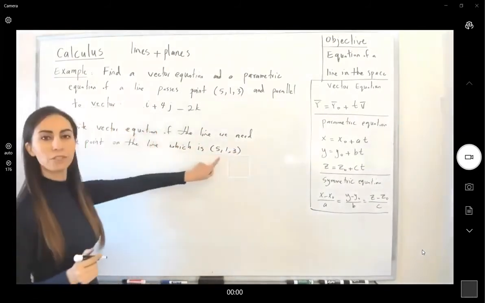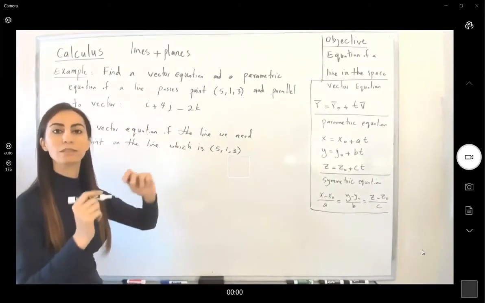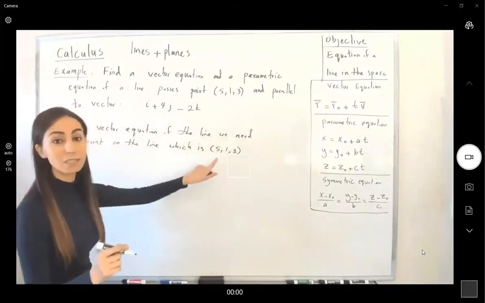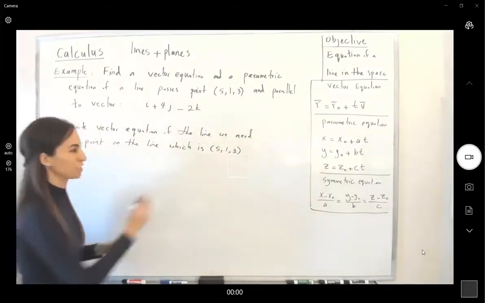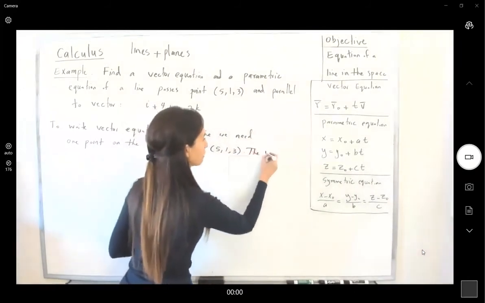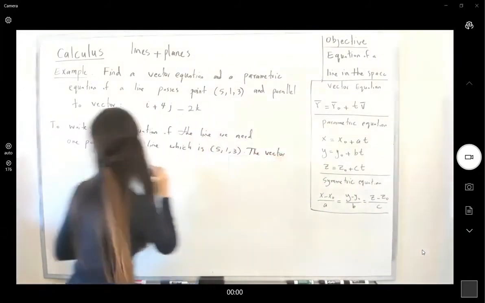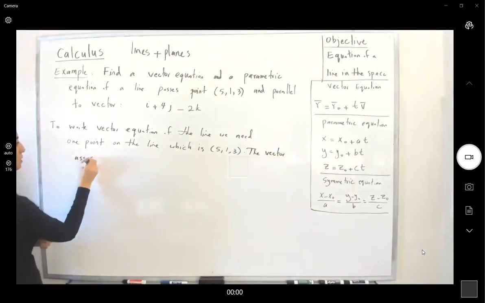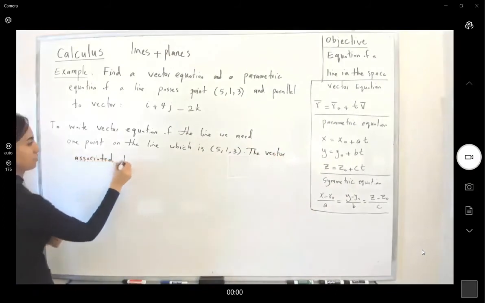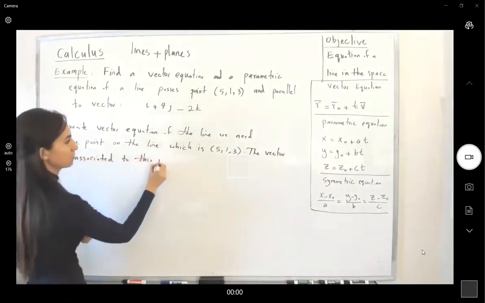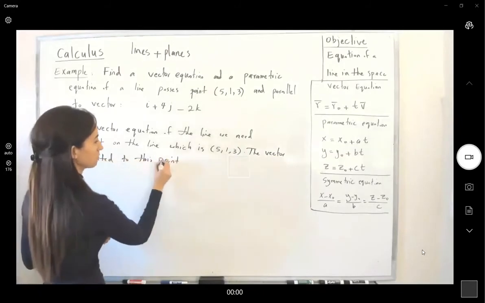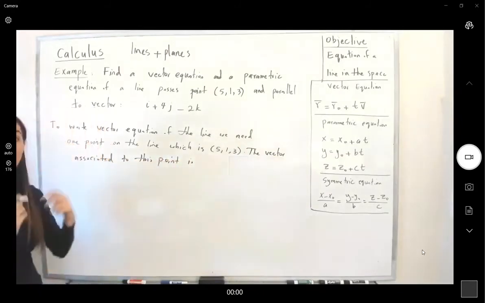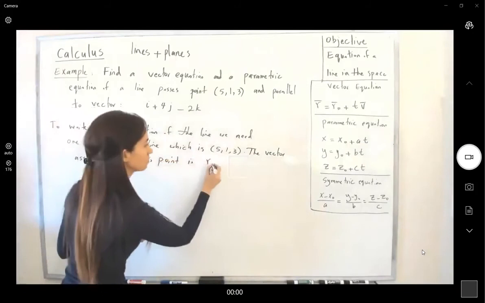When you have 1 point on the line, you can quickly write the vector associated to this point. The vector associated to this point is r sub 0.